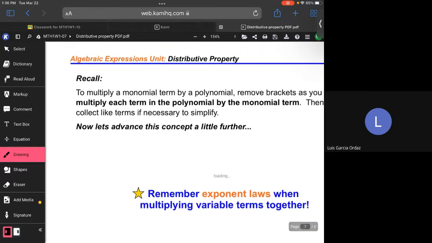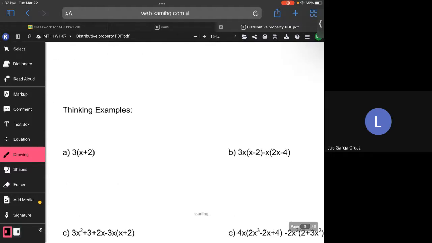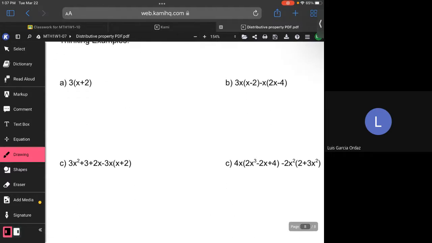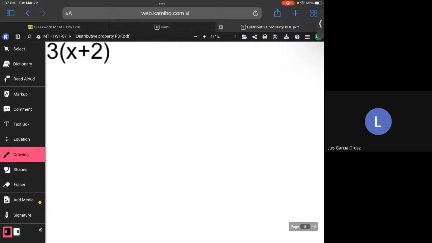So again, to multiply a monomial term by a polynomial, to remove the brackets you multiply each term in the polynomial by whatever is on the outside, then collect like terms and simplify. So now we have these 4 examples. The first one is obviously easy, okay? So we have 3 times x plus 2.